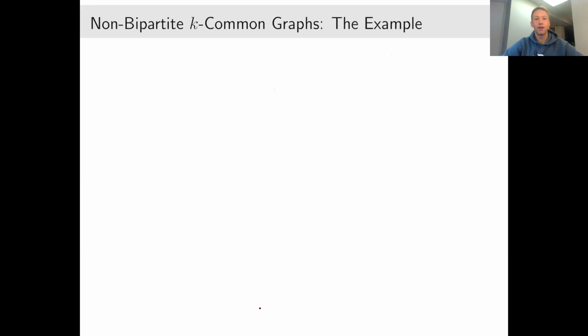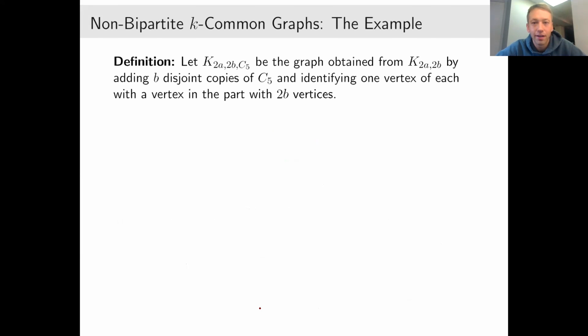Okay. So let me tell you what our example looks like. This is slightly cumbersome notation, but the definition here is hopefully not that hard to understand. So let K_{2a,2b,C5} be the graph that you get from the complete bipartite graph with parts of size 2a and 2b by taking b disjoint 5-cycles and gluing them onto b of the vertices in the part that has size 2b.